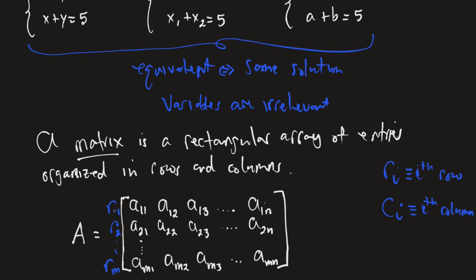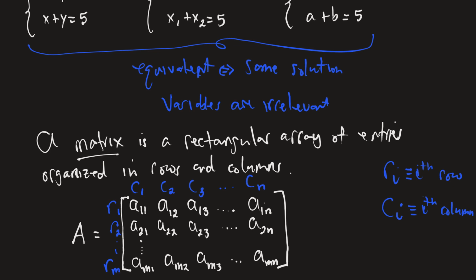Now going down defines a column. So this would be the first column, second column, third column, dot, dot, dot, and the nth column.